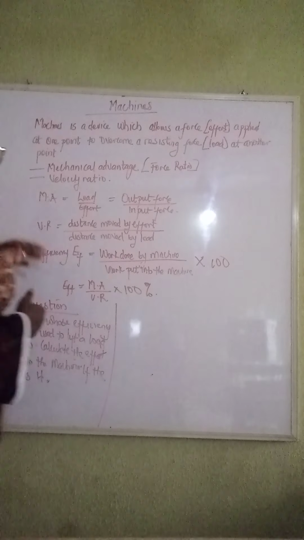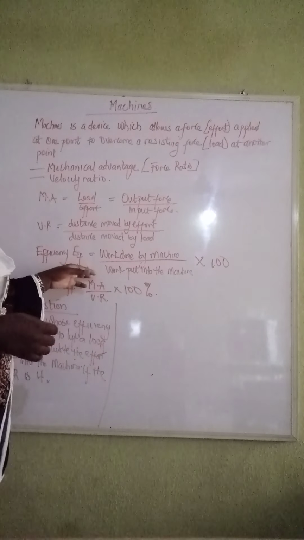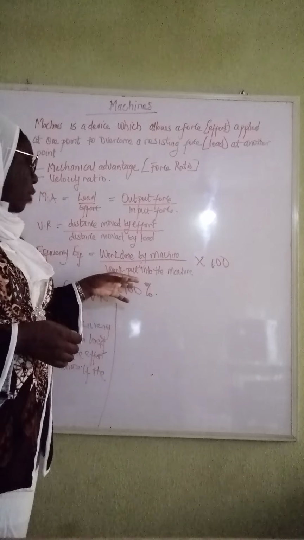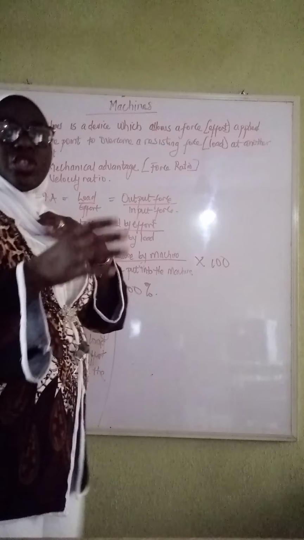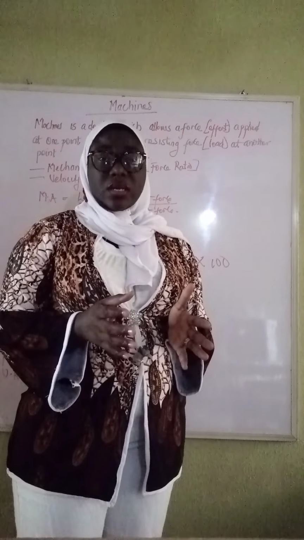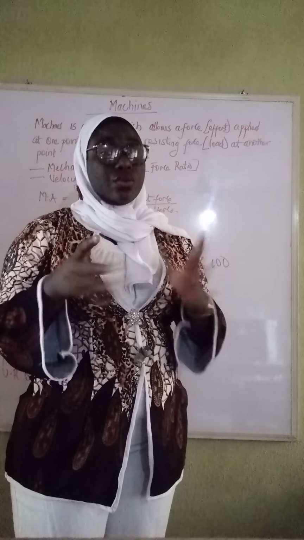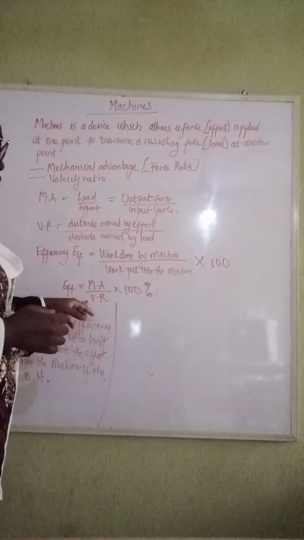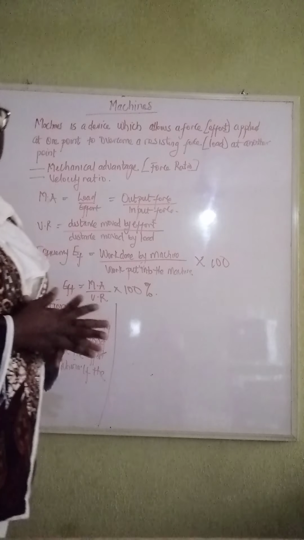Now, efficiency, measured in percentage, can be calculated by using this formula: work done by the machine over the work put into the machine. There are different ways in which you calculate your efficiency, but it depends on the parameters given to you in the question. You can as well use your mechanical advantage over velocity ratio times 100 to calculate your efficiency.